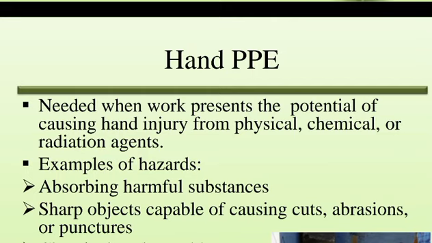Next is hand protection, hand PPE. What exactly does hand protection mean? Hand protection is saving one's hands from any sort of injury at work. When we are protecting our hands from any kind of injury, it is called hand protection. Hands are the vital tools of human beings and therefore most vulnerable to injuries as well.